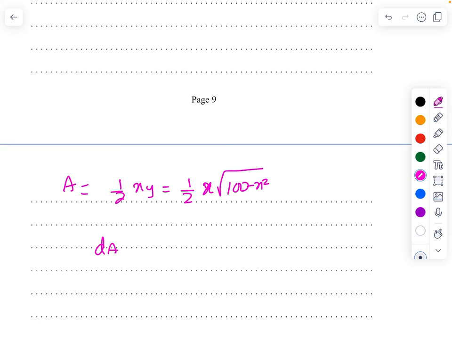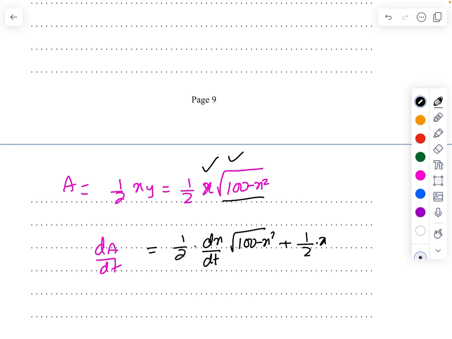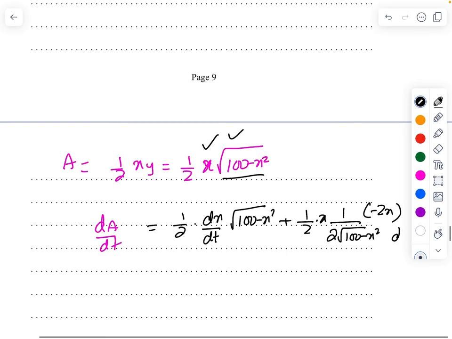Now I want dA/dt, which is 1/2. I'll use the product rule. X derivative is dx/dt, times √(100 - x²), plus 1/2 x times the root derivative, which is 1/(2√(100 - x²)), and the x² derivative is -2x, again times dx/dt. Don't forget to write dx/dt.